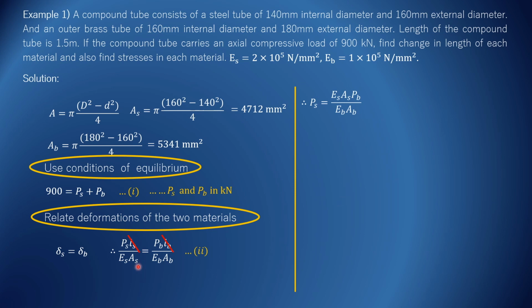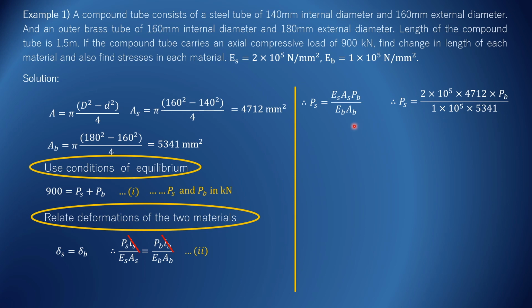From equation 2, I have taken ES, AS on the right side. Now taking care of units, you substitute the values. Young's modulus 2 into 10 raised to 5 Newton per millimeter squared for steel. Area of steel 4712 millimeter squared.